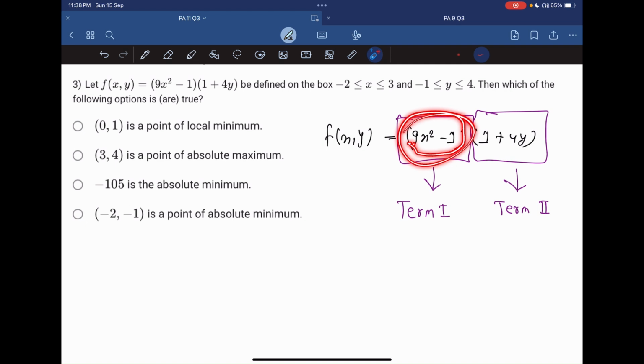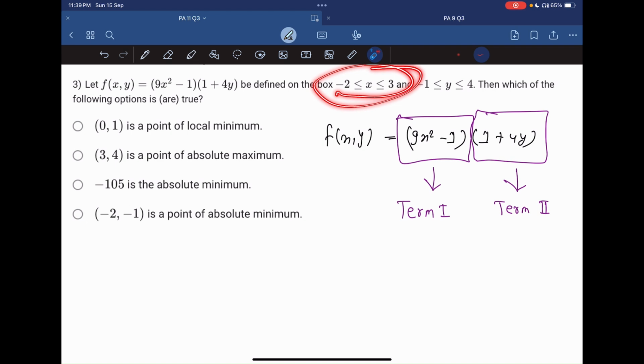So if we focus on, let's say, the first term, it is 9x square minus 1. Because we are squaring x, it will always be positive. It doesn't matter if we take the negative or positive value, it will always be positive. So within this range, we want the highest value in terms of the numerical value, not the sign, because the sign will not matter as we are squaring it.